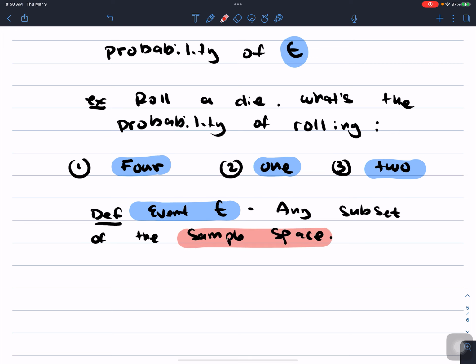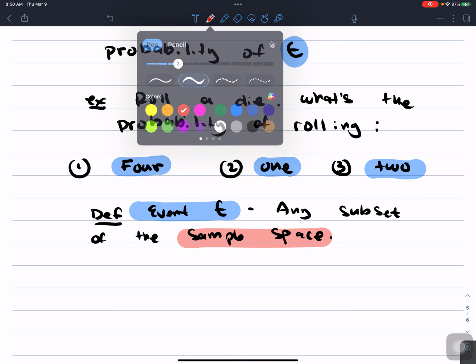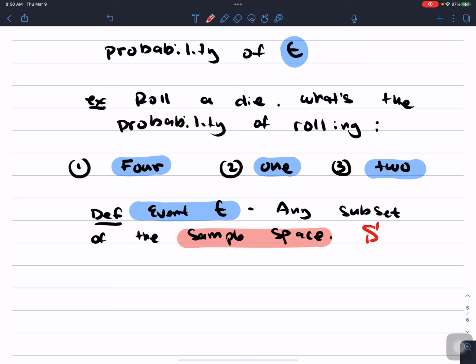It's a list. What's your sample space? S. So it's a subset of the sample space S. Okay?